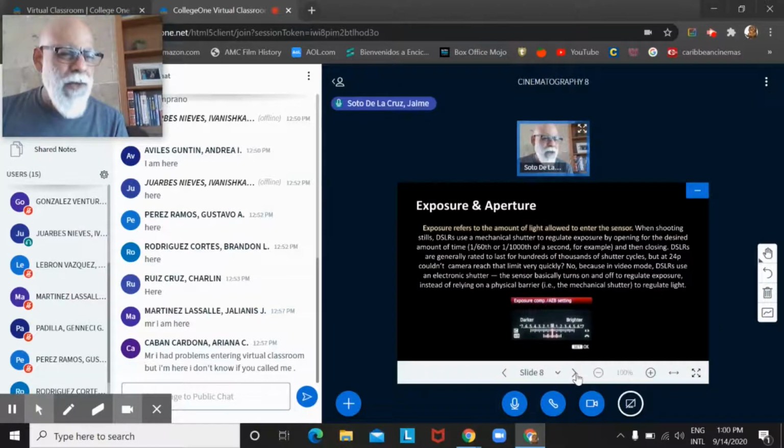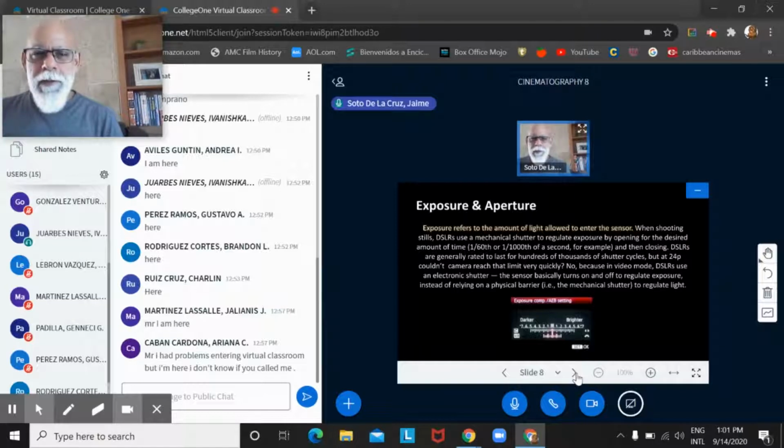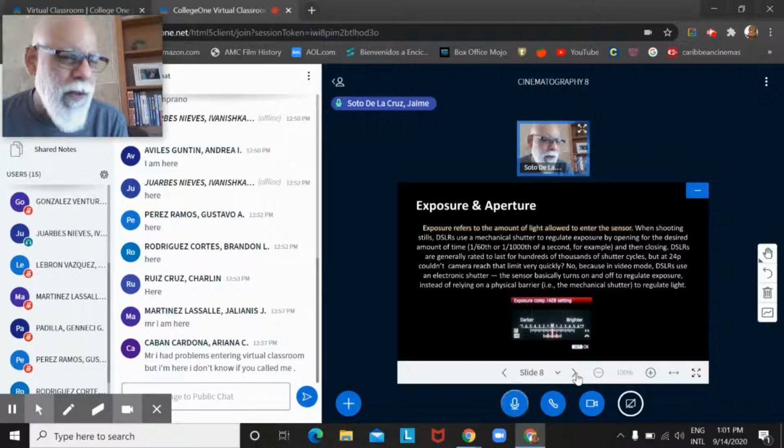In our last lesson, we also defined exposure as the amount of light allowed to enter the sensor. You can also say the amount of light that reaches the film, but none of you are going to be recording in film. I think I can make that prediction very accurately because we live in a digital world and the only people that use film are professionals or people that enjoy that, right?